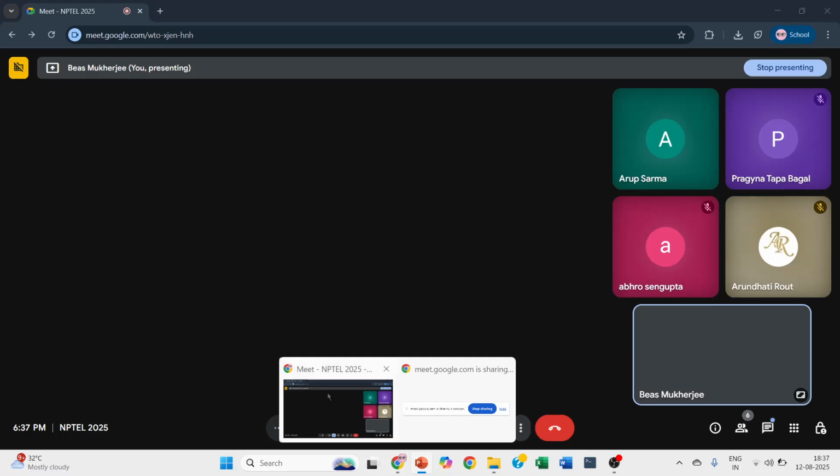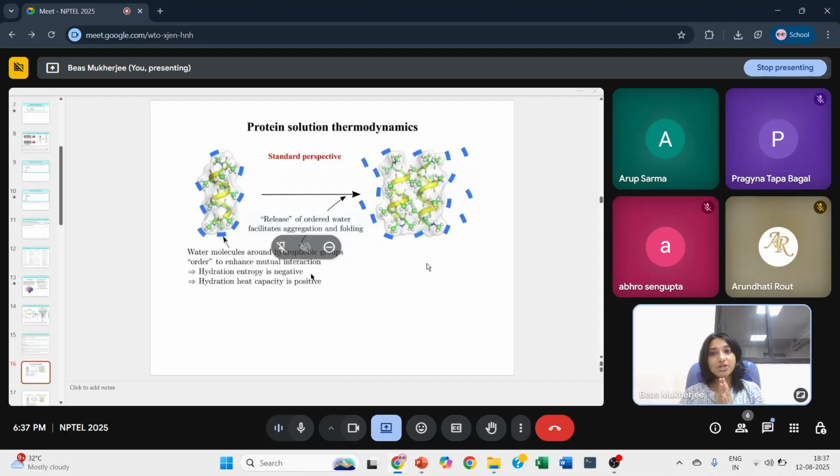Now, protein solution thermodynamics. In protein folding, something very, very important that comes in is thermodynamics. Just now we read that the entropy of the unfolded state is very high, because the unfolded state can move any way, so it has a very high degree of randomness.